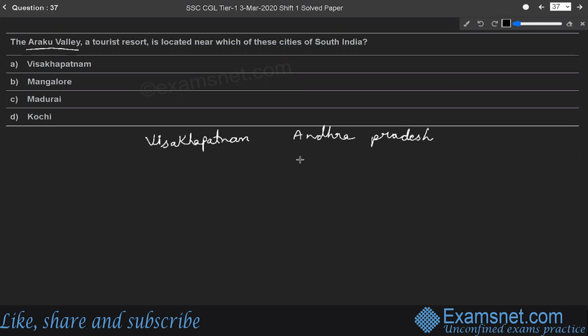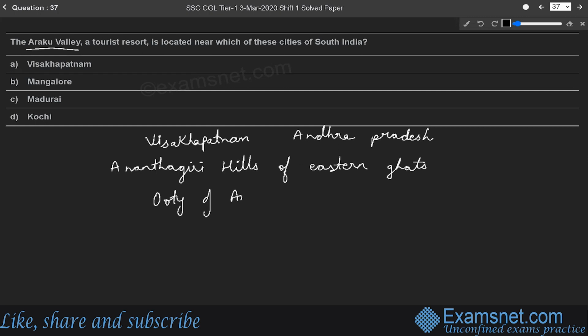And this tourist spot is also present in the Anantagiri Hills of Eastern Ghats. And Araku Valley is also known as the Ooty of Andhra. This is a very important point to remember.